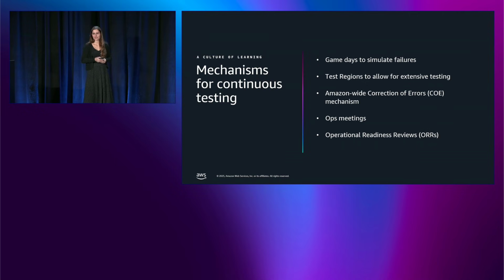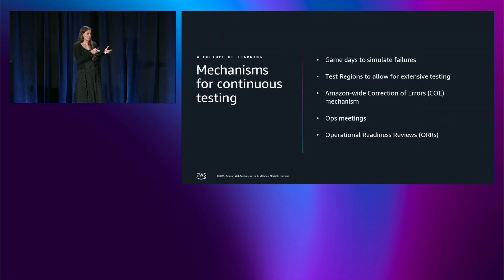So whenever there is an incident, whether during a game day or in a production region, our first priority is always to mitigate impact. However, after we've done that, we want to make sure that we figure out what went wrong. So one of the mechanisms we have at Amazon, not just in the build space, but across the company, is a correction of errors mechanism, or a COE.